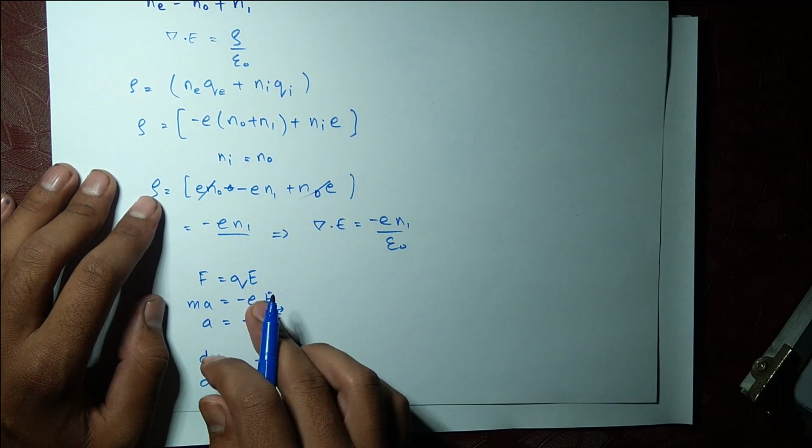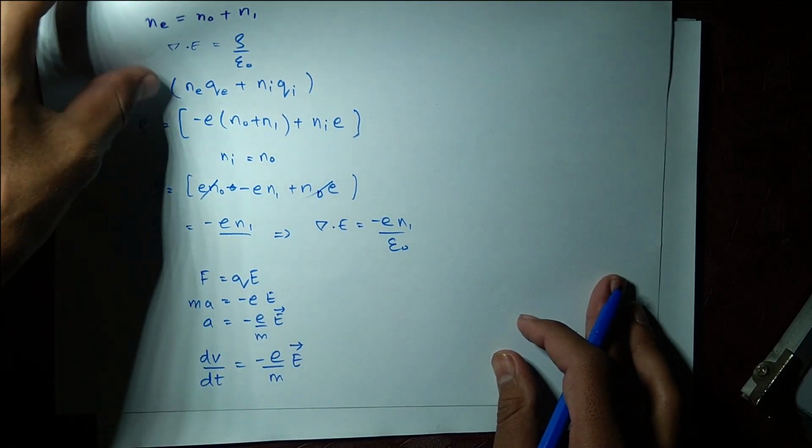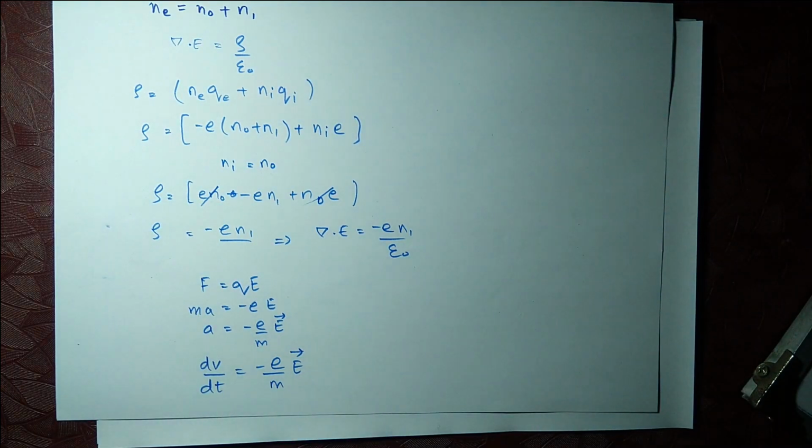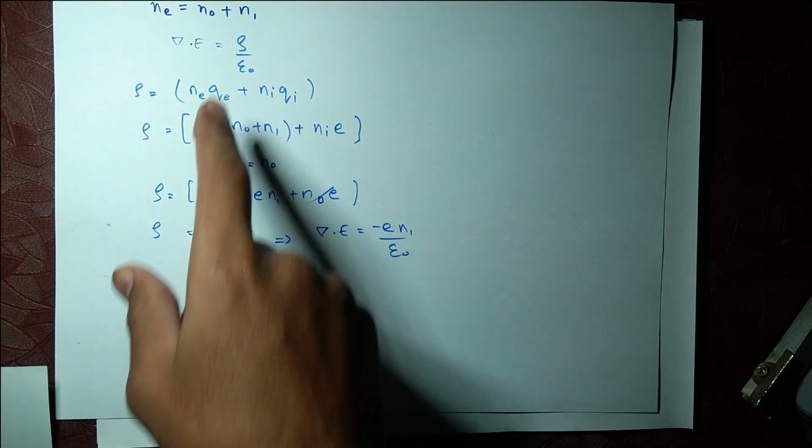We write another equation, which we described earlier: del dot E equals rho over epsilon naught.